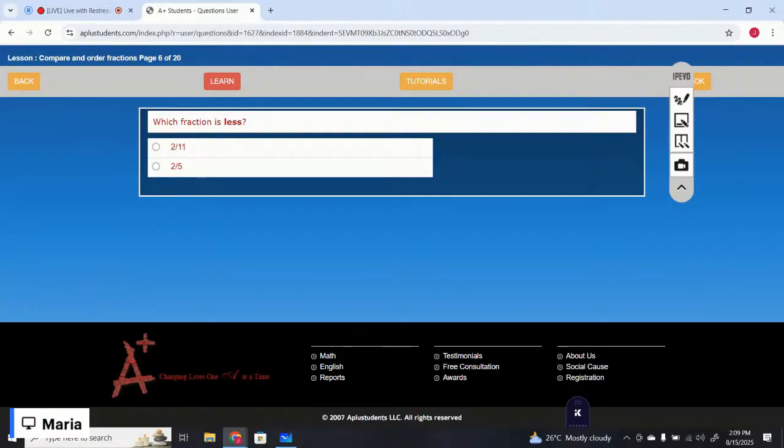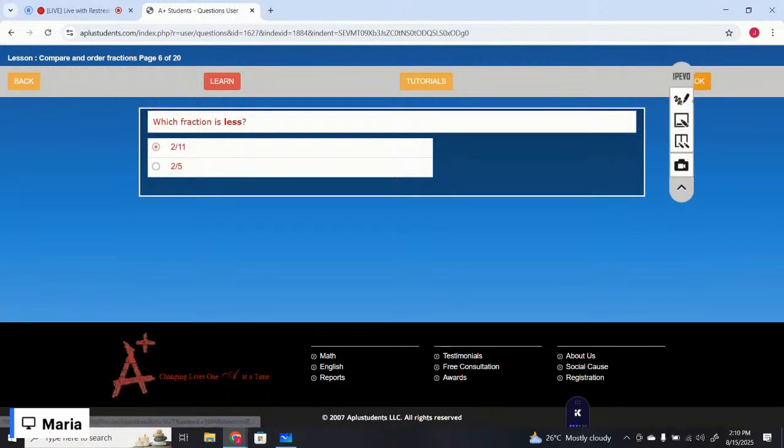Which fraction is less? 2 out of 11 or 2 out of 5? 2 out of 11 is less than 2 by 5.